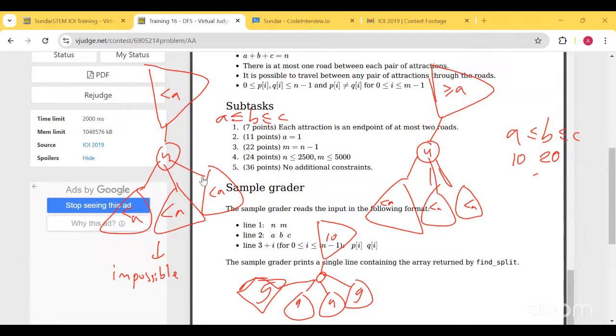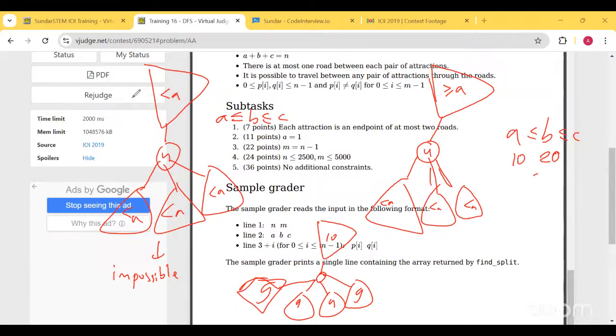Okay. If U's subtree size is greater than or equal to B, then yes. Assign it to B. Yes, that's it.